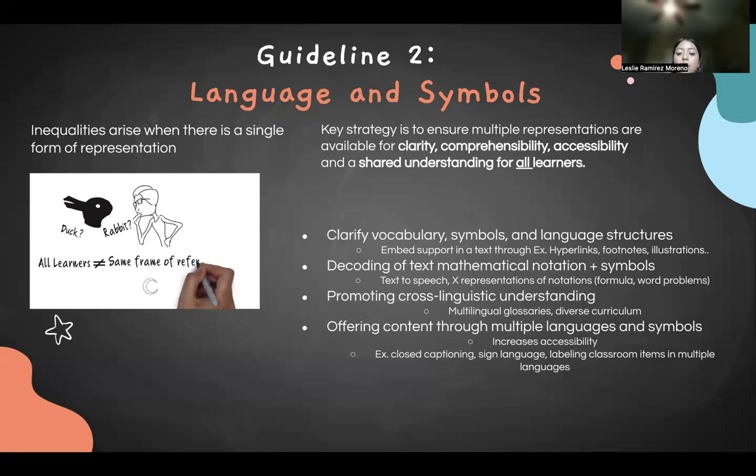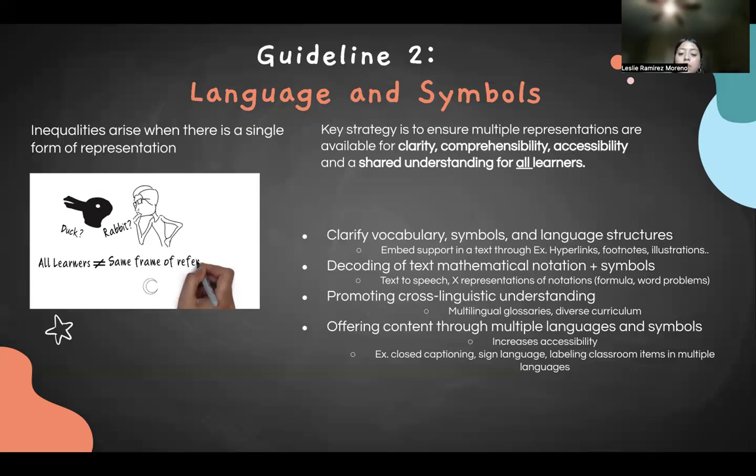For example, we have English language learners, and we know that language and symbols can be confusing to them. One way to make it more accessible for them and provide clarity is through using multilingual glossaries and integrating a diverse curriculum so that they are encouraged to learn in both cultures and languages.